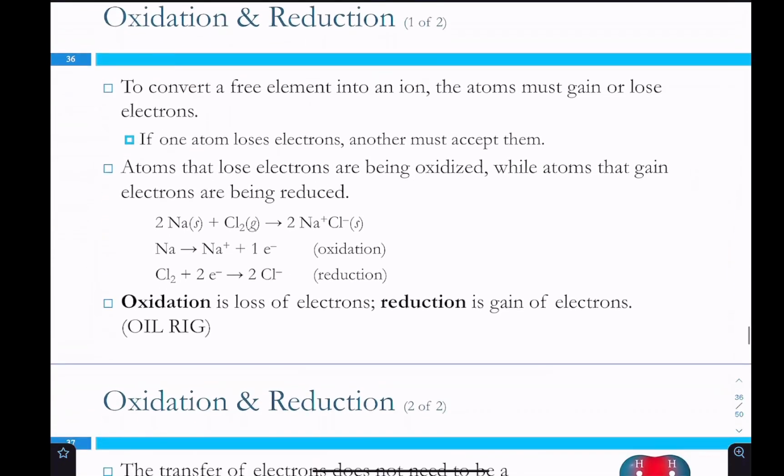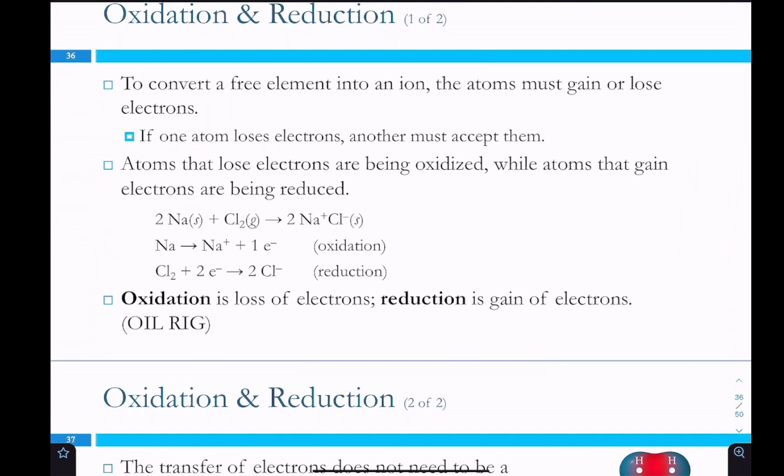So for these conversions to happen, we have to gain or lose electrons. Atoms that lose electrons are being oxidized, while atoms that gain electrons are being reduced. There's a bunch of different mnemonics for this, ways to remember it. This is the one that I like: OIL RIG. Oxidation is loss, reduction is gain.